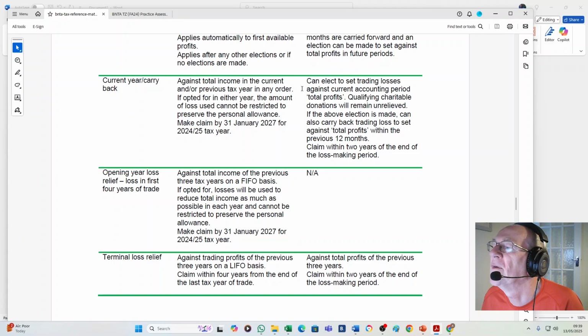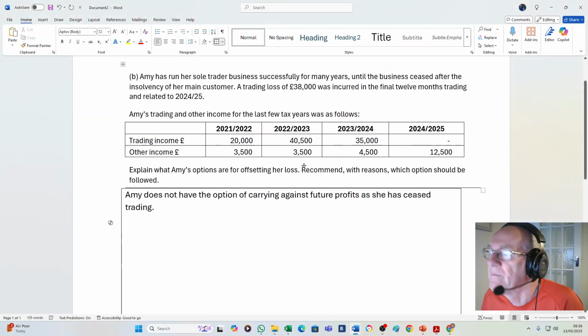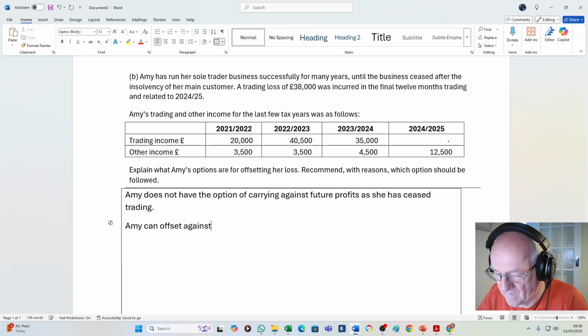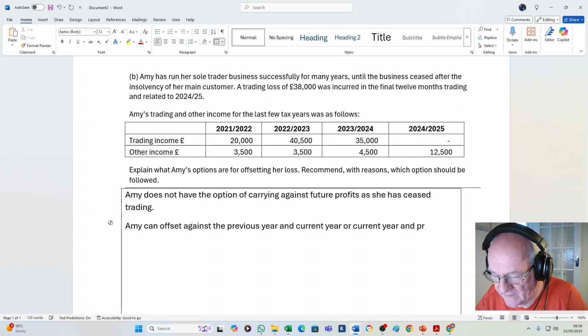So let's go through in any order. Amy can offset against the previous and current, or current and previous.